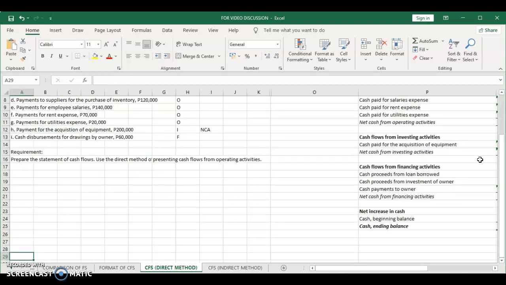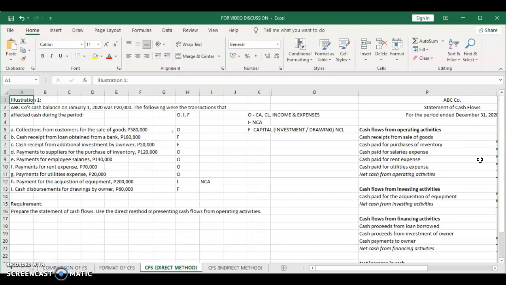So, that ends our discussion for direct method. Take note, class, pag direct method, more on gross cash receipts. Tingnan nyo, puro lang cash collections, cash receipts, and then gross cash payments. Puro payments na dito. Pag ganyan, napakadali lang. I-identify mo lang kung inflows yan or outflows. Siyempre pag outflows, yan yung payments o disbursement, while collection, that is inflows.